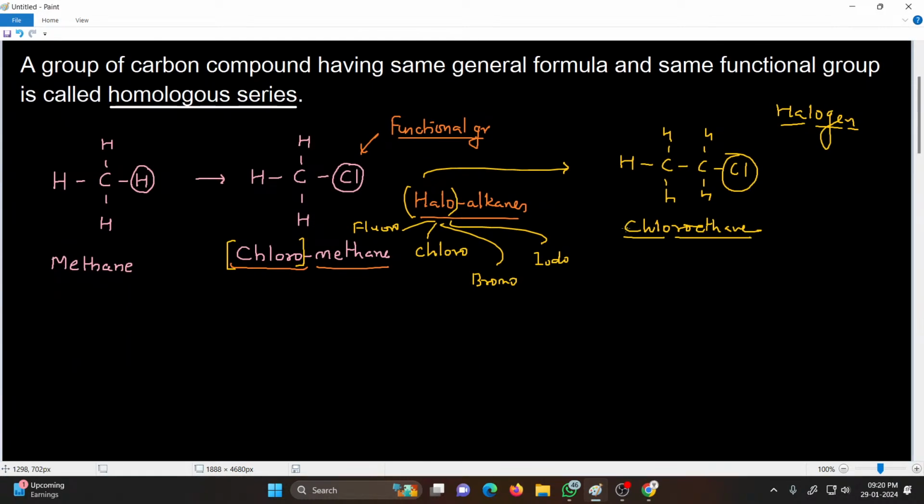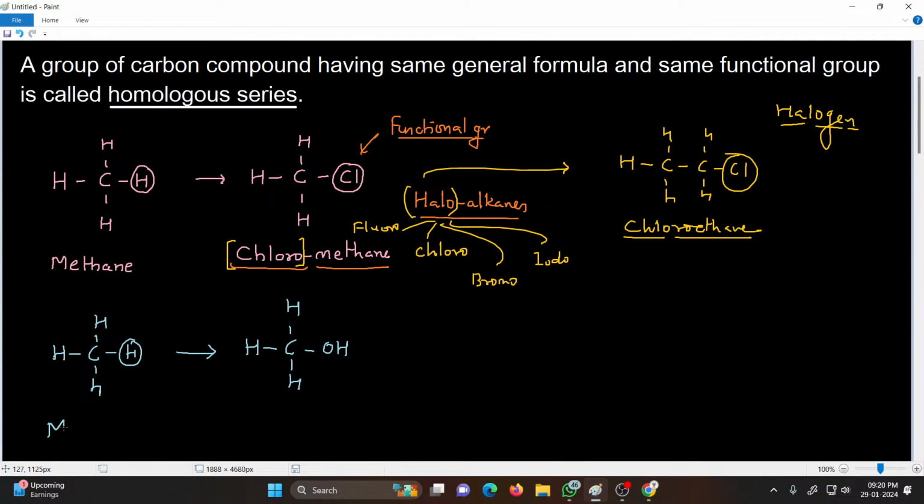The second functional group, if we see, is alcohol. In an alcohol, similar to the first example, hydrogen is replaced by another radical, and in this case the radical is hydroxide radical, so it is OH.